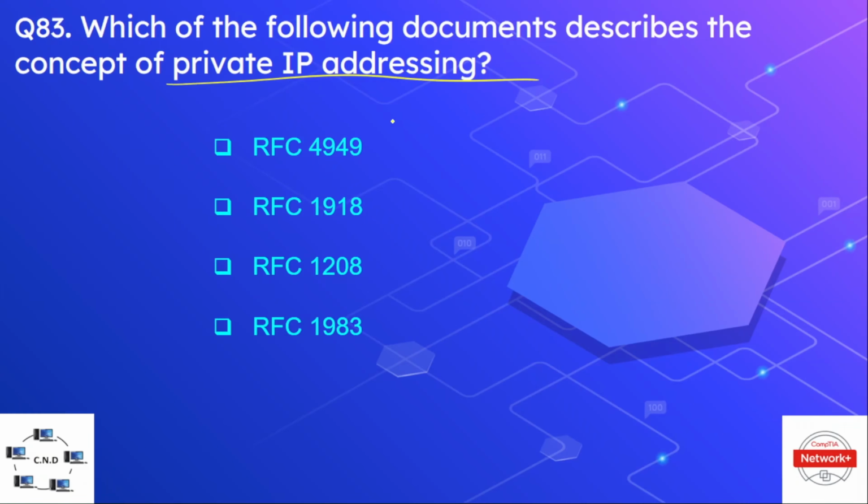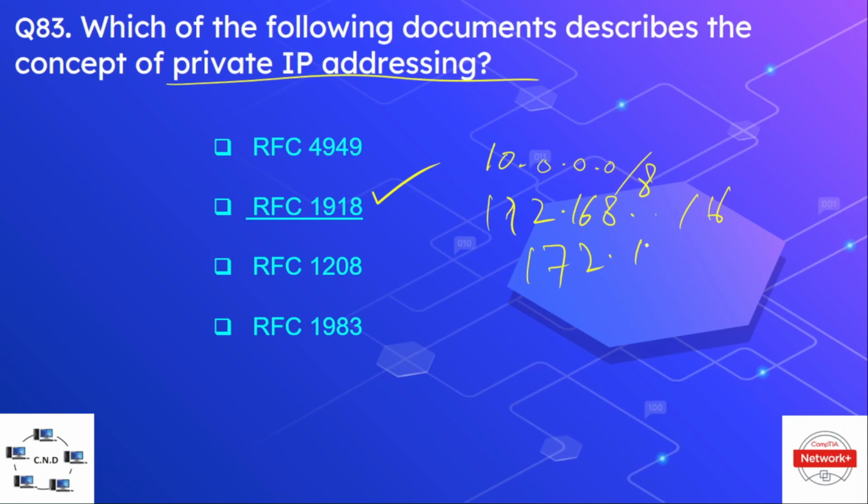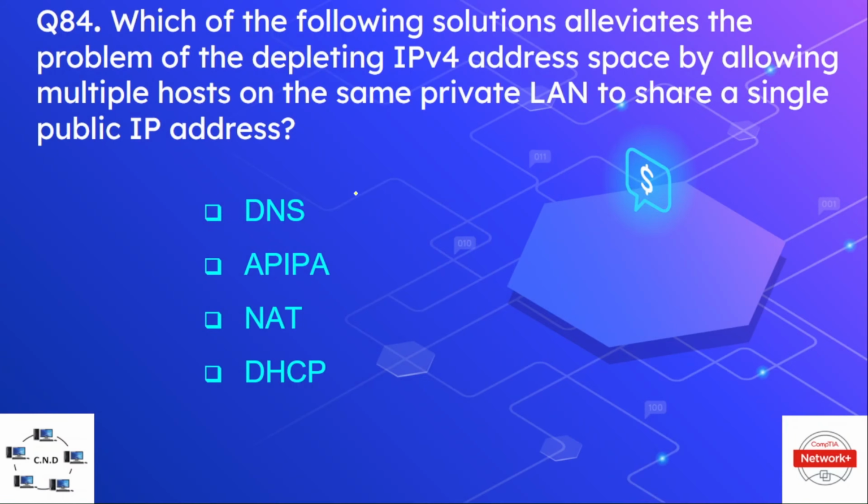And the correct option is RFC 1918, and the private IP addresses are these addresses: 10.0.0.0/8, 192.168.0.0/16 and 172.16.0.0/12. So these are the private IP addresses, and they are denoted by RFC 1918.